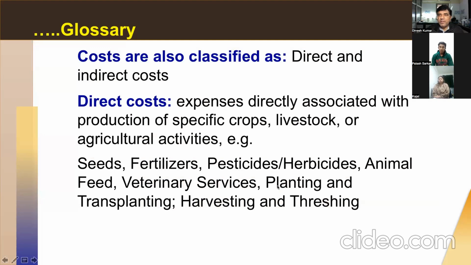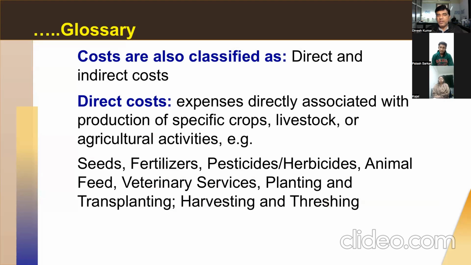So now you will see cost in detail. Costs are also classified as direct and indirect costs. You have seen fixed cost and variable cost. Fixed cost is mostly machines and buildings, and variable cost is mostly your seed, fertilizer, or other kinds of inputs. They are divided as direct and indirect.